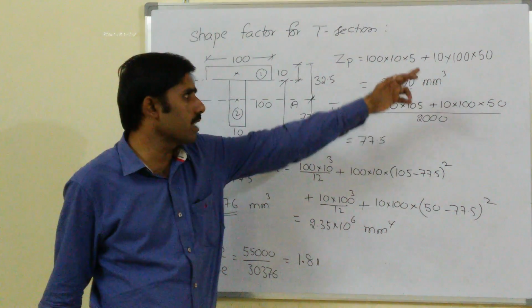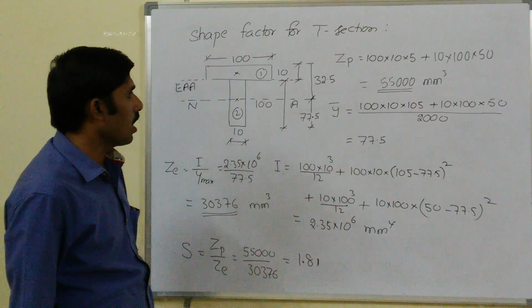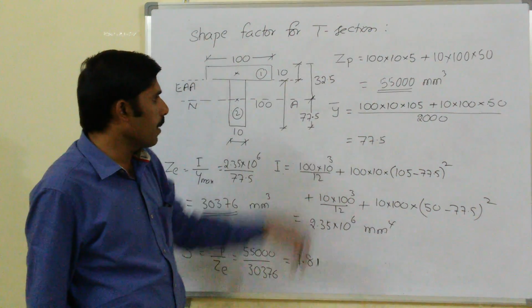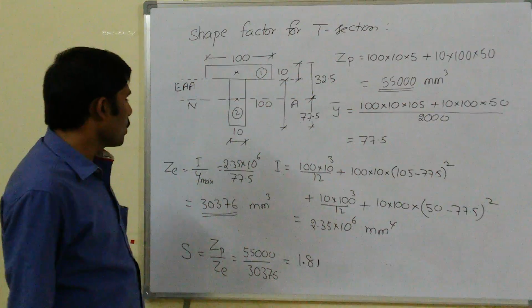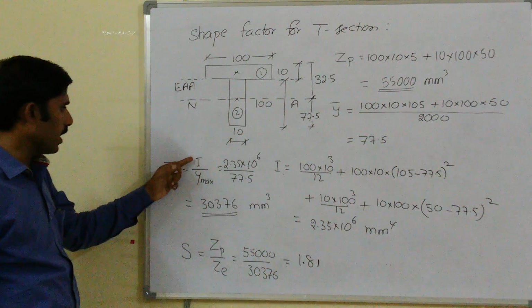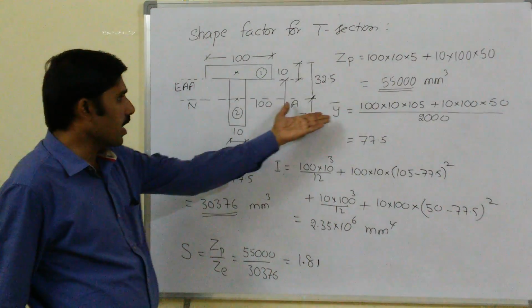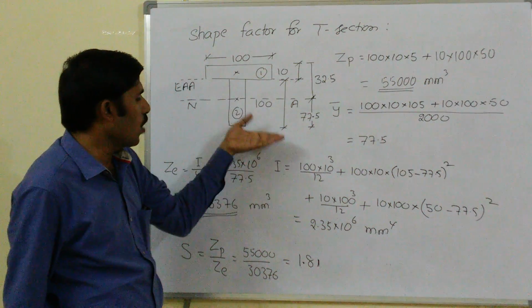So moment of areas, that is ZP, plastic modulus. Already we learned that in previous lectures. So after getting that ZP, then we need to find ZE. To find ZE, we need to find moment of inertia as well as Ymax. So first Y bar, that means centroid distance from base bottom. How much we need to find?